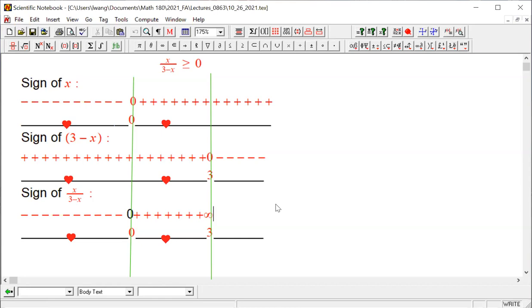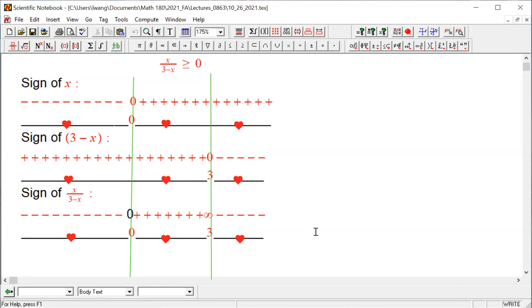After 3, when x is larger than 3, positive divided by negative, the quotient will be negative. So eventually, our if statement is if the quotient is greater than or equal to 0, where will that happen?